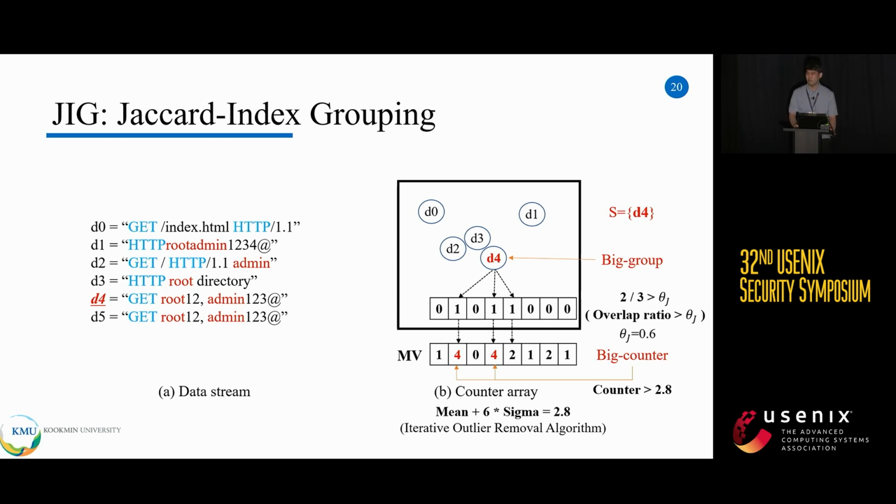Then we store D4 into a special space S. When D5 comes, we find that the same big group is identified. Again, we find 2 big counters that satisfy the theta j condition and the 6 sigma condition. Actually, we designed an iterative unreliable retrieval algorithm called IORA to find big counters quickly. Now, S includes D4 and D5.